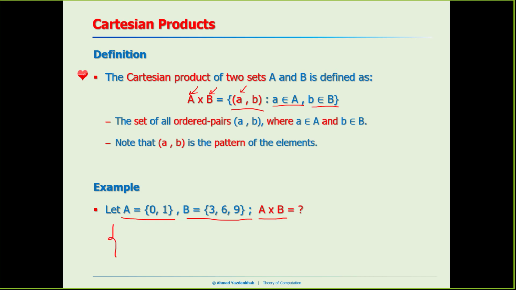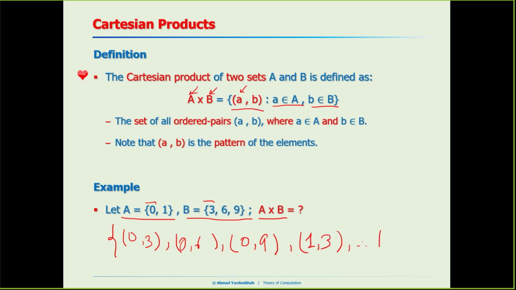From the definition, we know that we need some ordered pair here, right? And in this ordered pair, the first element should come from this set, the second element comes from here. So it will be (0, 3), (0, 6), (0, 9), and then (1, 3), and so forth.